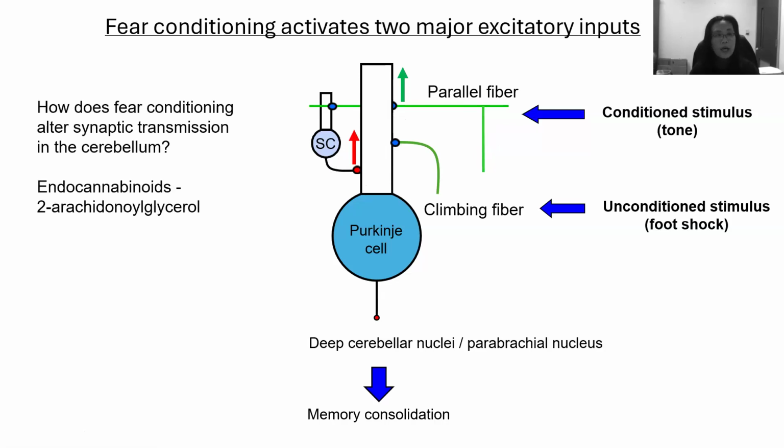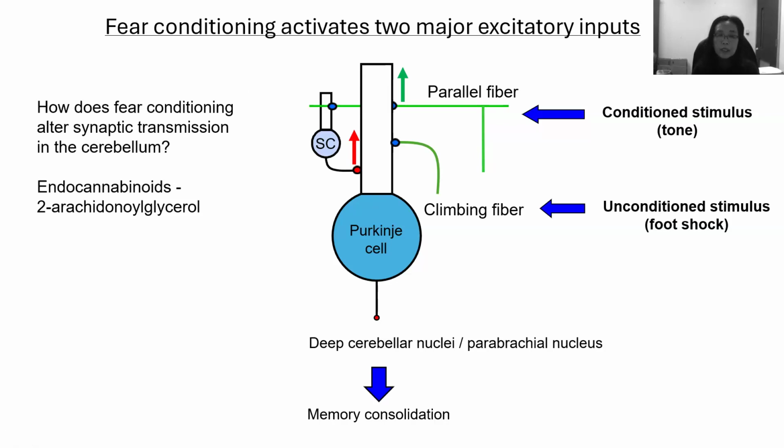So the question we ask is, how does fear conditioning alter synaptic transmission, especially in these molecular layer interneurons? We look at the endocannabinoids. Endocannabinoids are lipid molecules and important neuromodulators. They are known to play an important role in the extinction of fear memory.